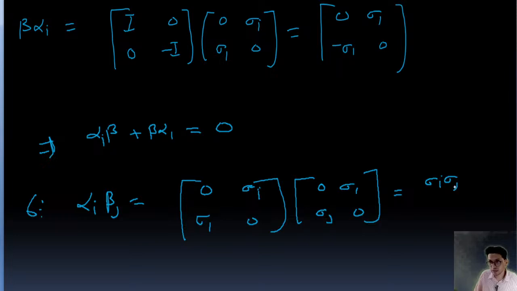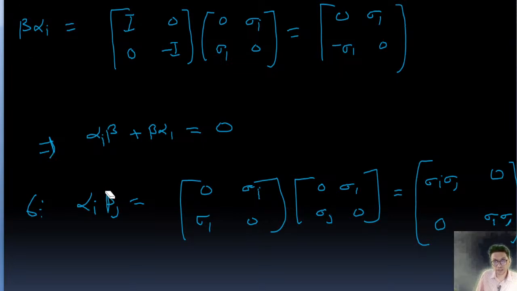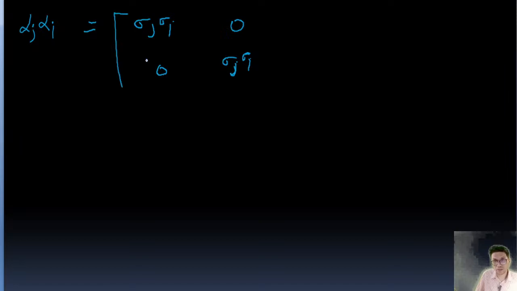So we get sigma_i sigma_j on the diagonal. Similarly, we find alpha_j alpha_i. This is going to be sigma_j sigma_i, simple matrix multiplication.